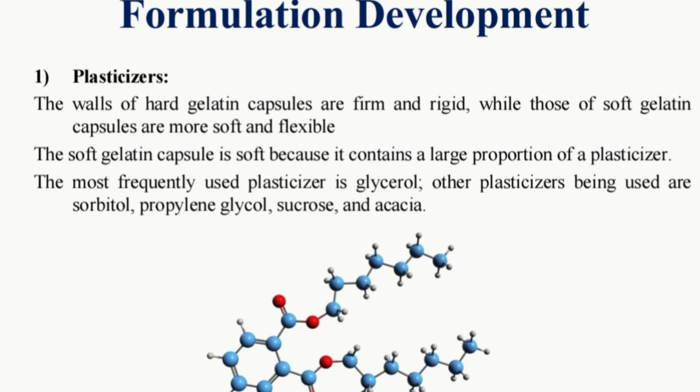Soft gelatin capsules are soft because they contain a large proportion of plasticizer, and hard gelatin capsules do not have plasticizers in that amount. The most frequently used plasticizer is glycerol, and other plasticizers being used are sorbitol, propylene glycol, sucrose and acacia. But the more frequently used plasticizer is glycerol.